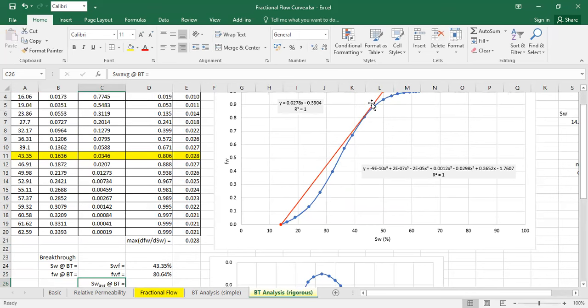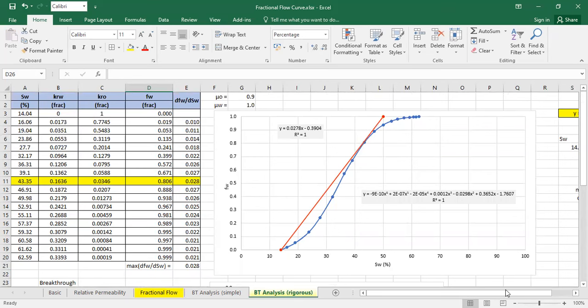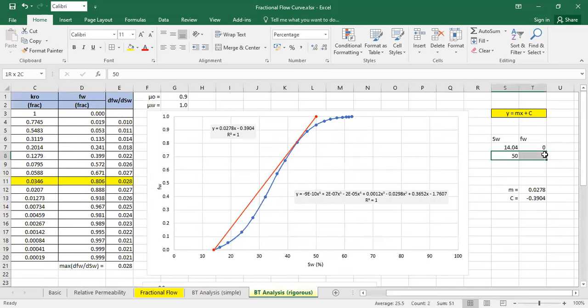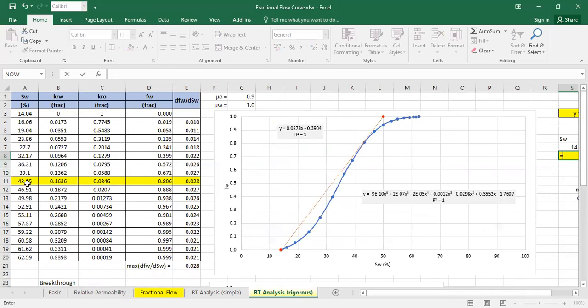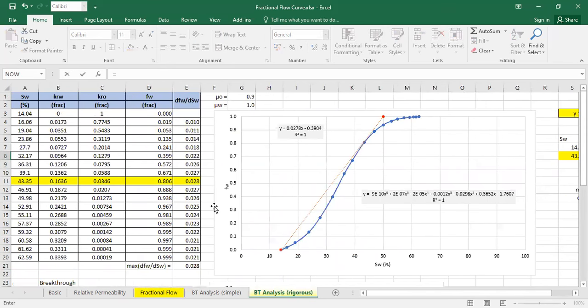Then we need to construct a more detailed line. To get this point, we need to correct this line first. So now, because we already have the true value, I can insert here SW is 43.35 and FW is 0.806.